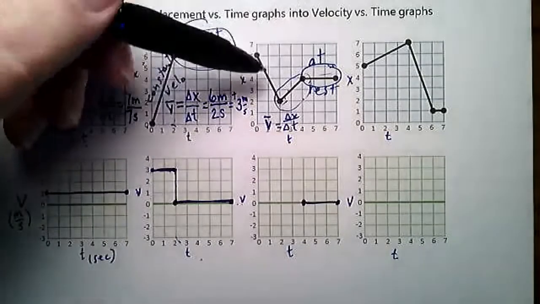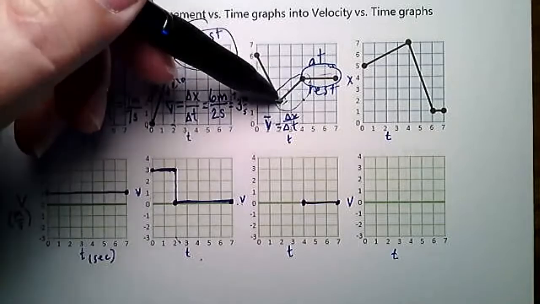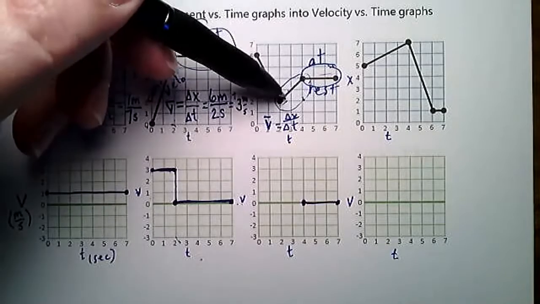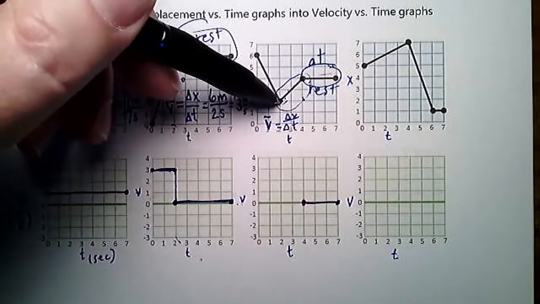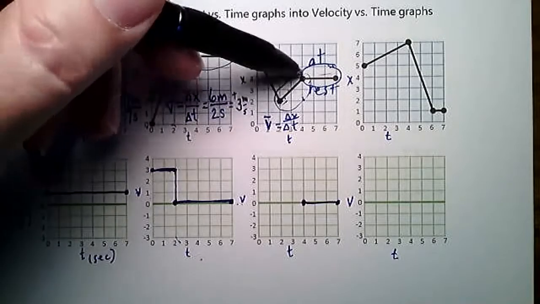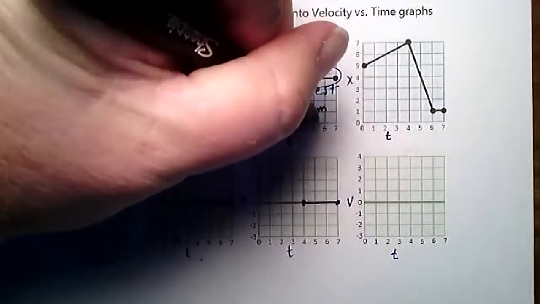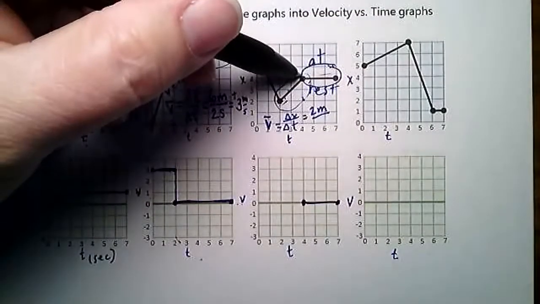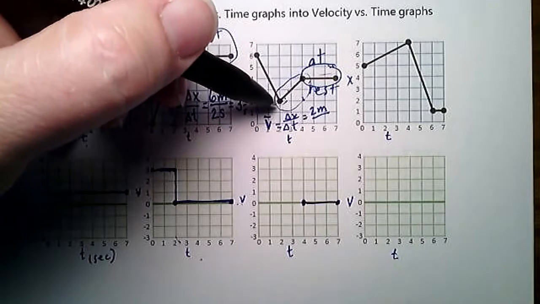All right? So what was our delta x? From 2 seconds to 4 seconds, that gap right there, how much did this displacement change? Well, I went from 2 to 4, so I had a 2 meter change in my position. And that 2 meter change in position occurred over what time interval?